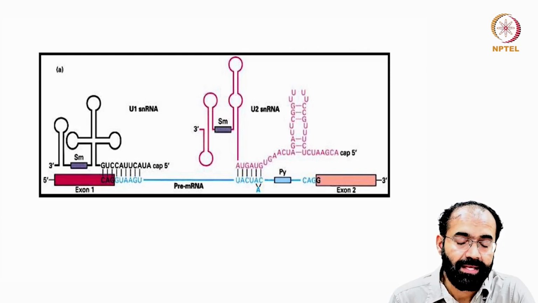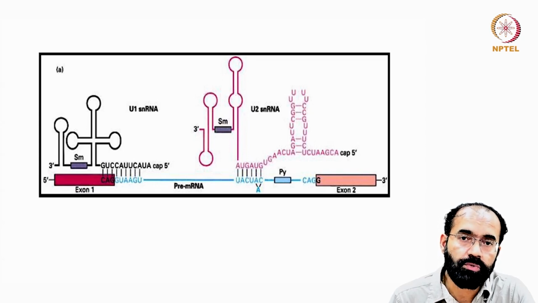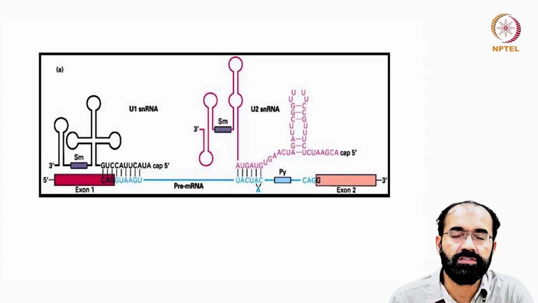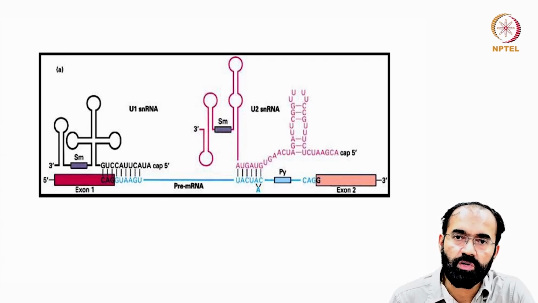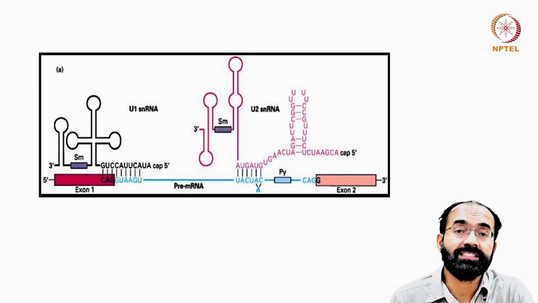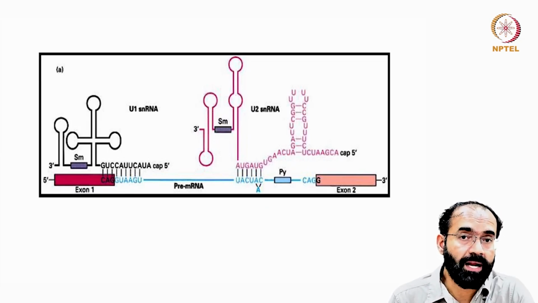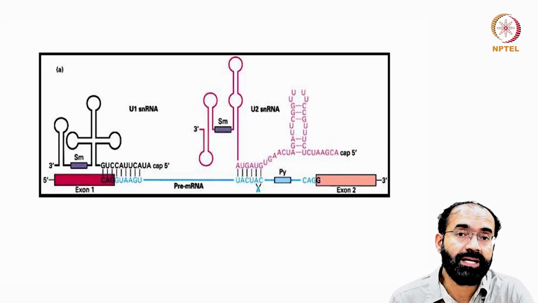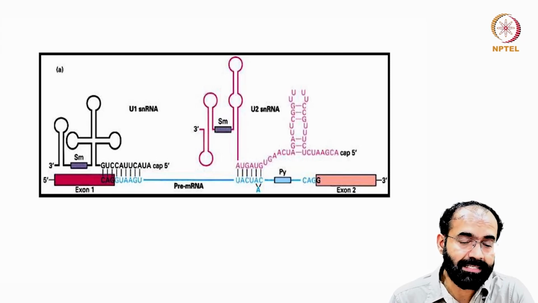Because of this A, and you also should note one more interesting thing, that the blue color sequence is UACUAAC, but this U2 snRNA came and ignored this A. This A is pushed out of this pairing, and of course it's an RNA, it has this 2' hydroxyl group, a reactive hydroxyl group, which will now be available freely to interact for the splicing event to happen.